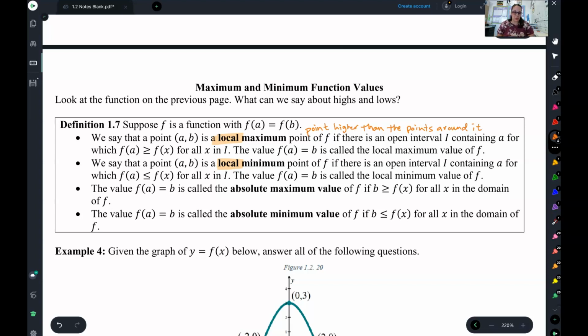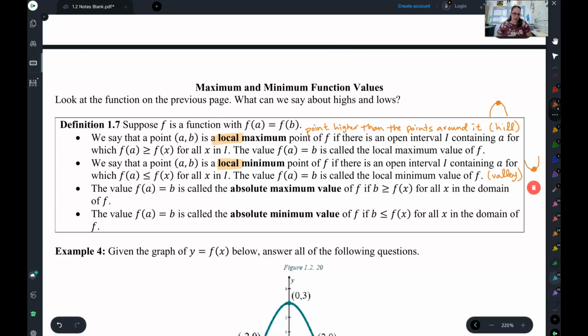So essentially we're looking for a hill. So we got a hill like this. That's our local maximum because it is higher than all the points around it. Same thing for a local minimum. It's a point that is lower than all the points around it. So we're looking for a valley. Something like this, where that bottom point is lower than all the points around it.